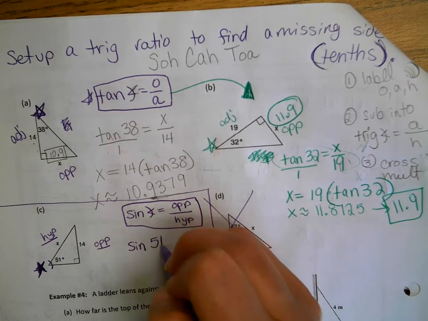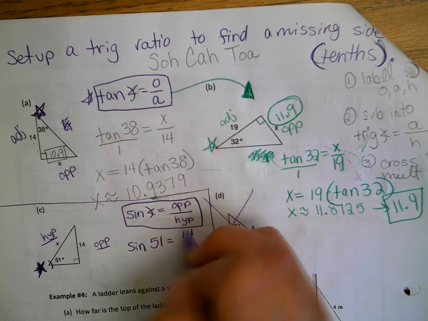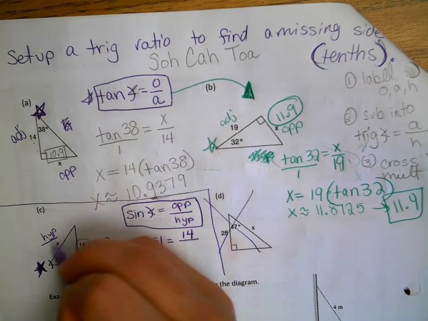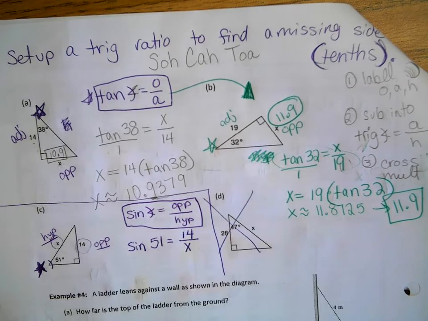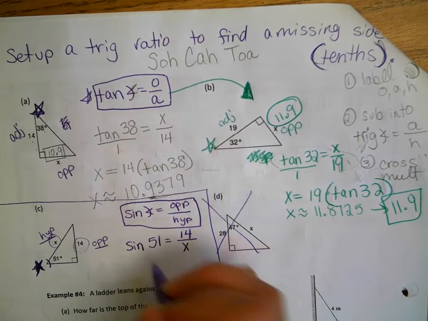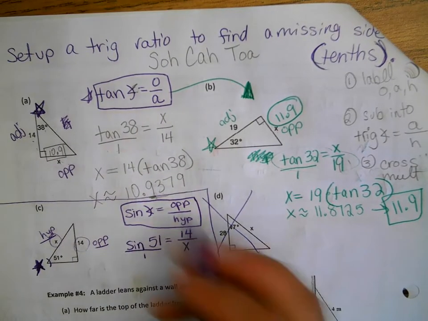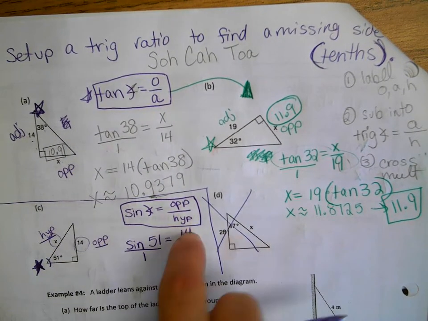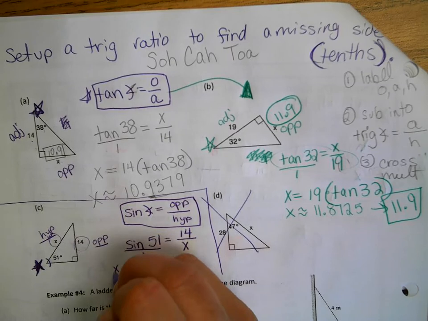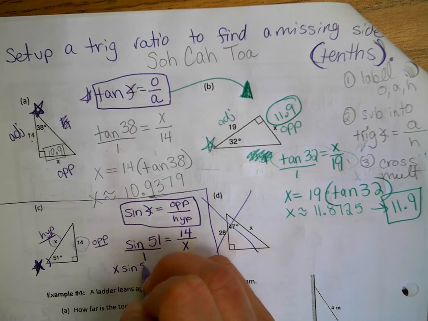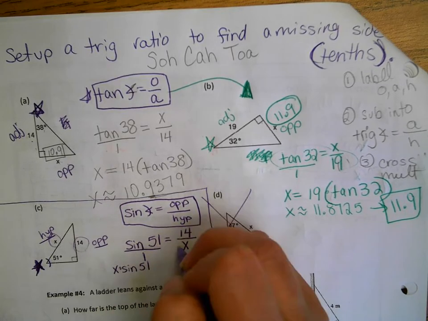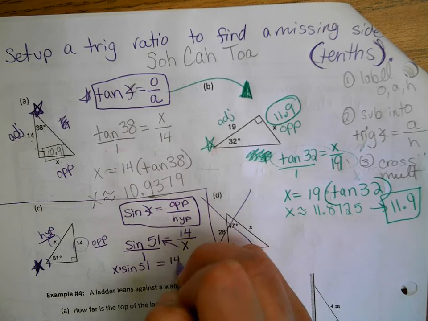The angle is 51 equals the opposite side they gave me is 14. The hypotenuse I'm looking for is x. Now this is the confusing piece. When I cross multiply here, we get x times sin 51 cross multiplied in this direction equals 14.